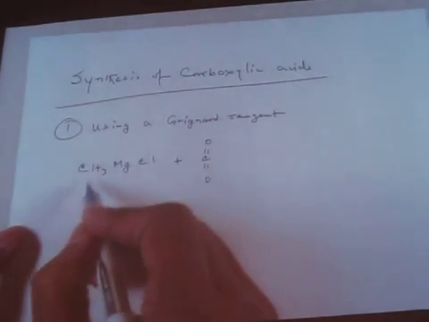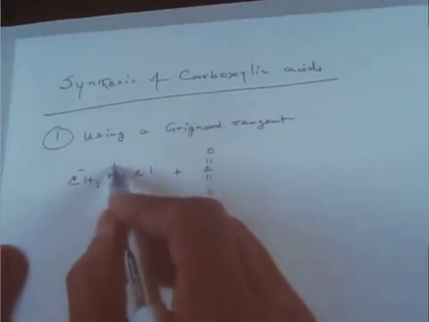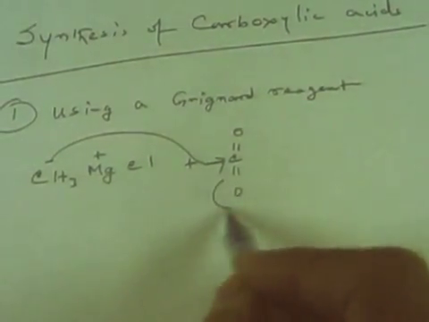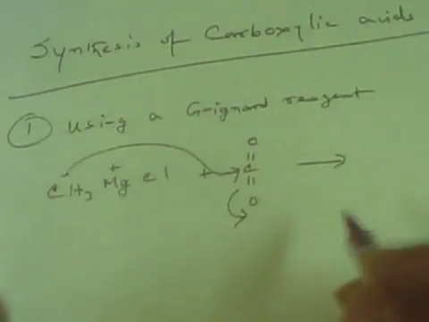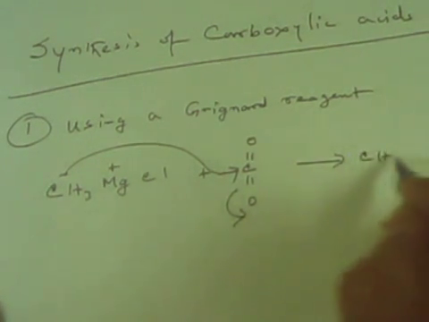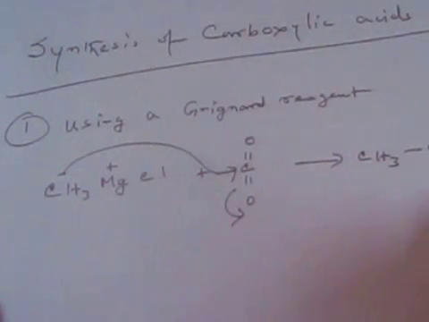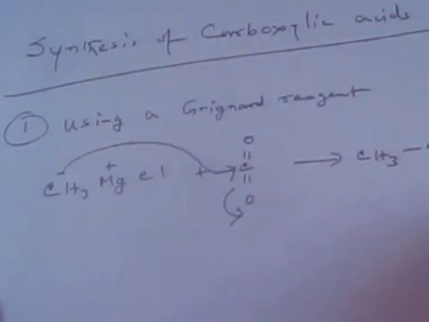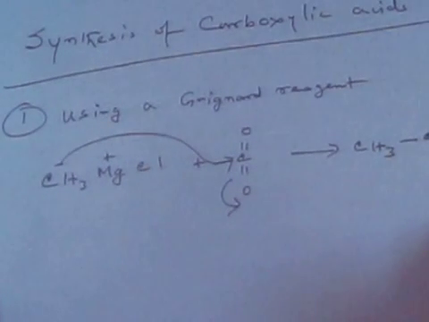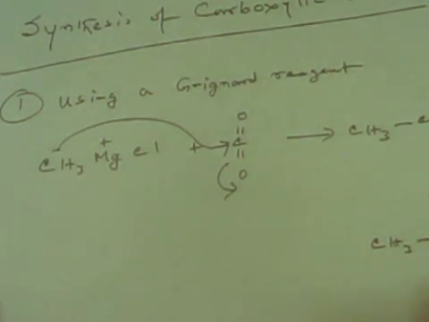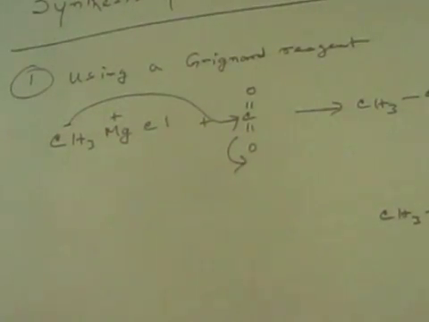The reaction is again very similar, the methyl group attacks the carbon and then it generates the OMgCl, which can be hydrolyzed in the presence of acid, and then you form the corresponding carboxylic acid.